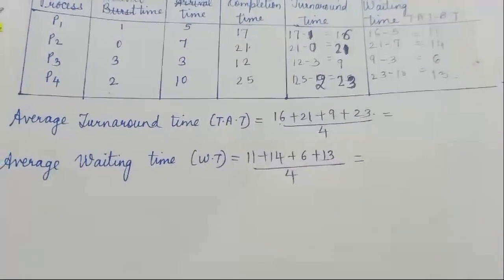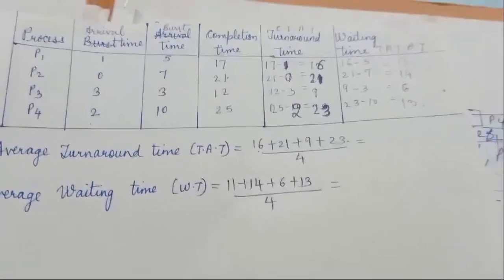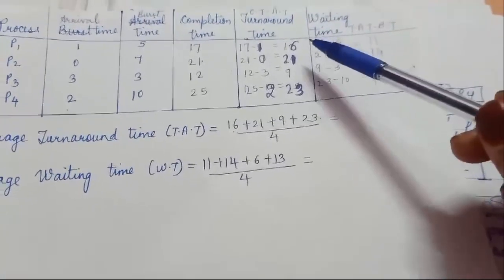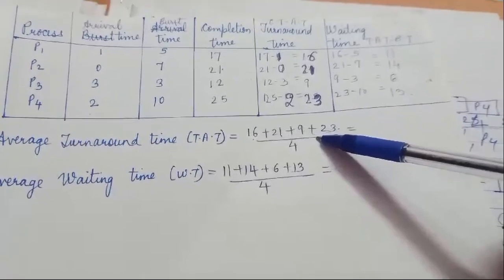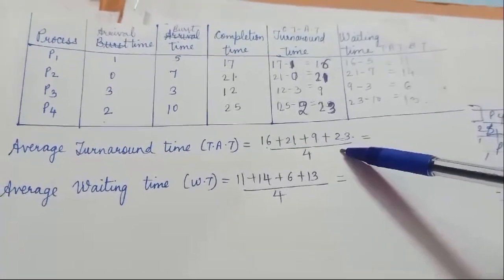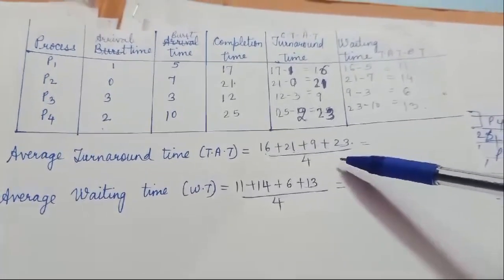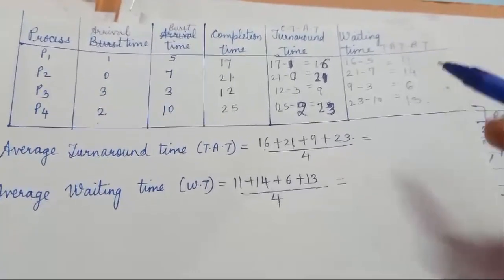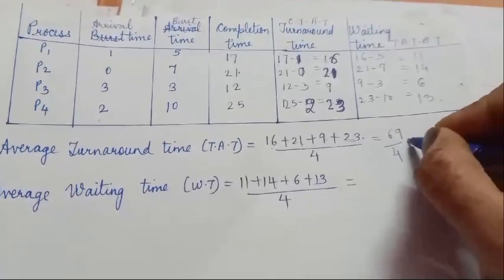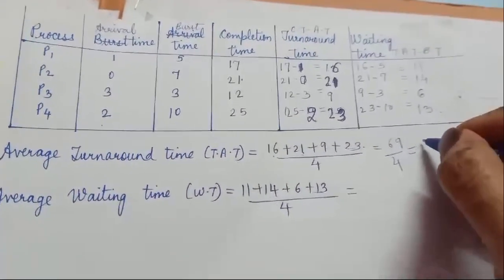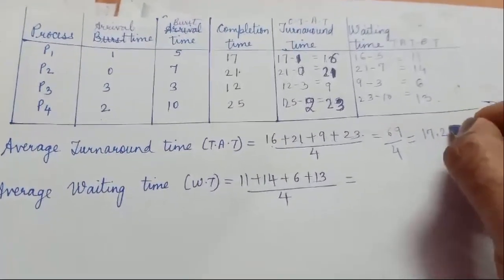So for the final average turnaround time, we'll add the values 16 plus 21 plus 9 plus 23 divided by 4. Addition of these 4 values is 69, divided by 4, and the division of this is 17.25.